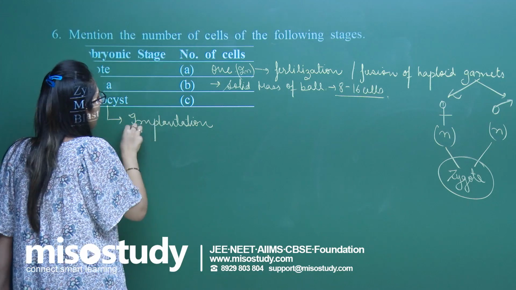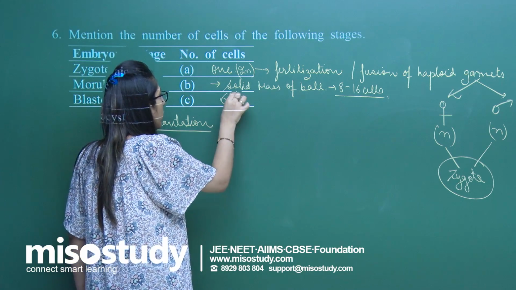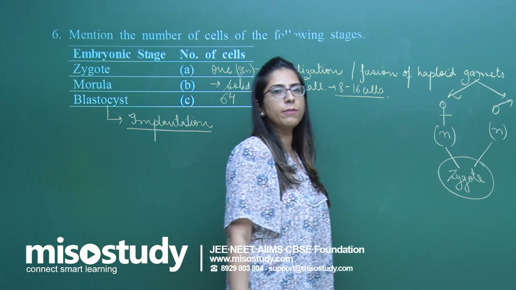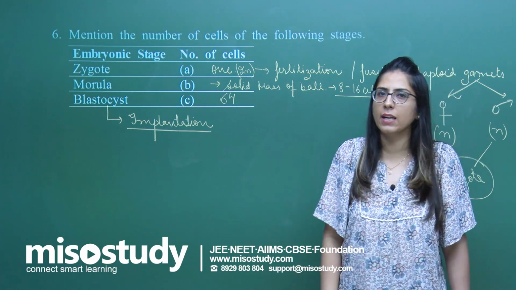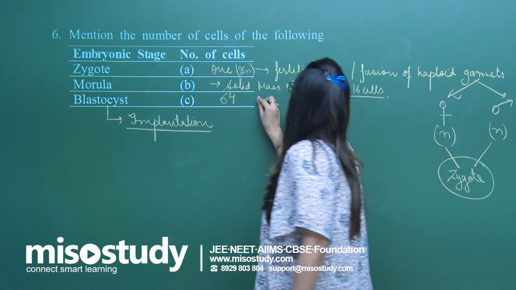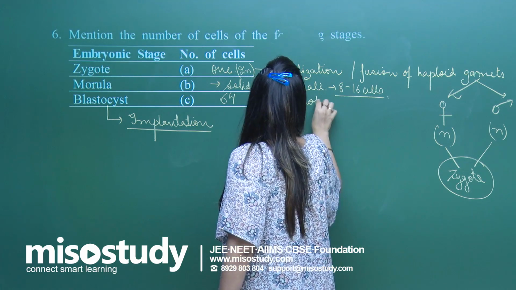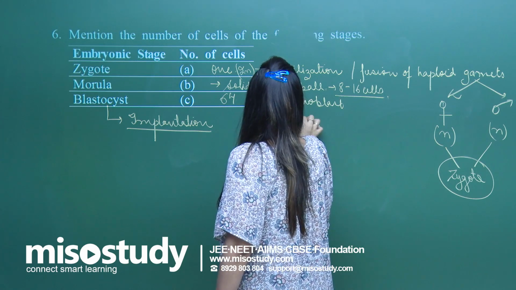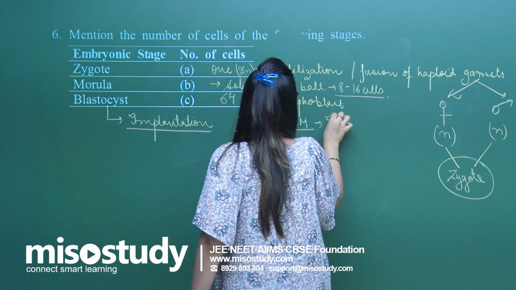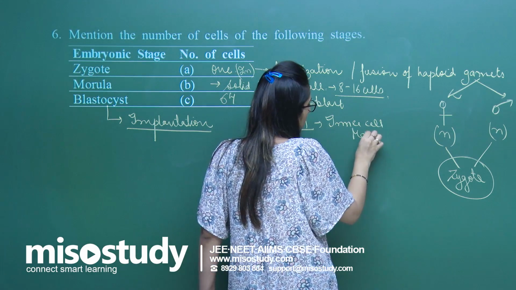And the blastocyst is basically a 64 cell stage, and this 64 cell stage has two very well-defined layers: the trophoblast, and second, the ICM, that is called the inner cell mass.